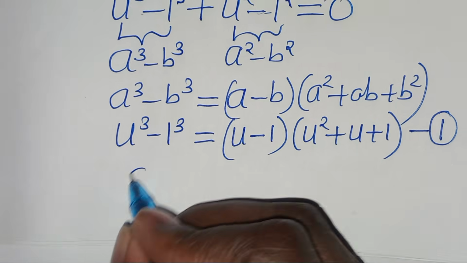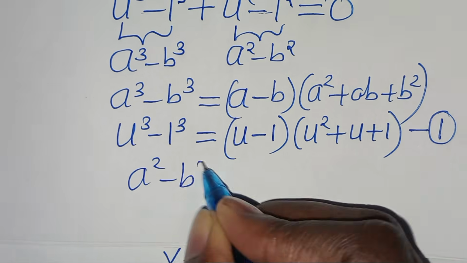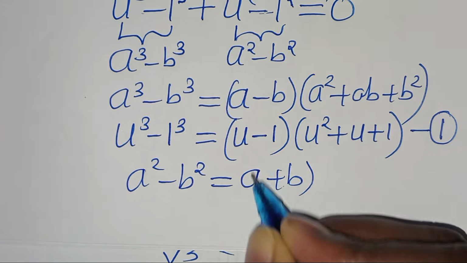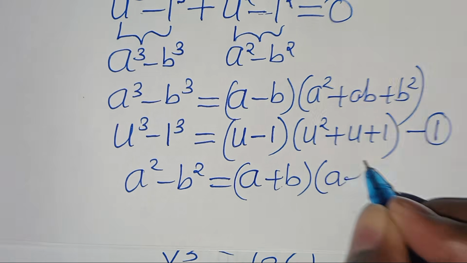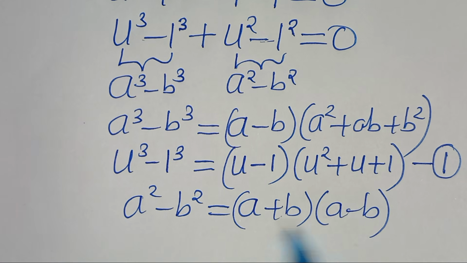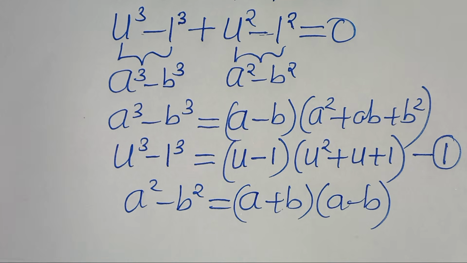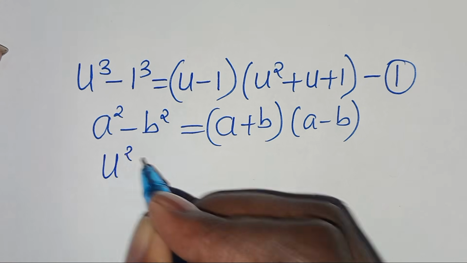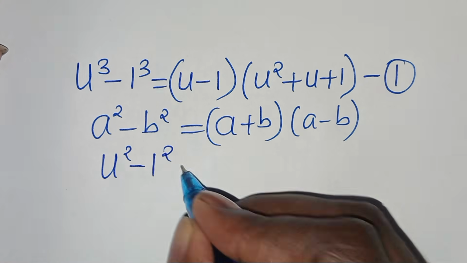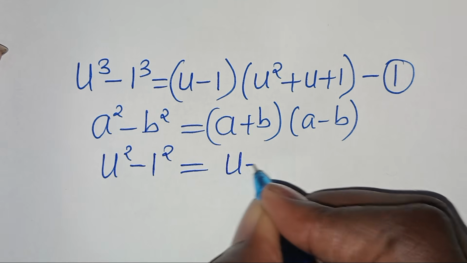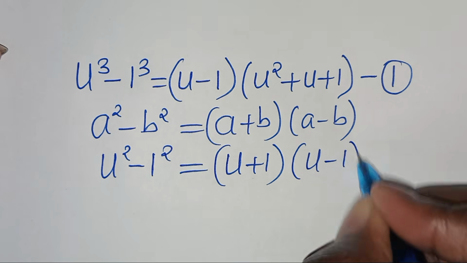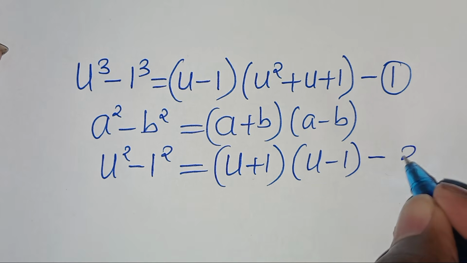Then we have a to the power of 2 subtract b to the power of 2. This can be expressed as a plus b multiplied by a subtract b. This is the difference of 2 perfect squares. Now the second part here is u to the power of 2 minus 1 to the power of 2, which we can express as u plus 1 multiplied by u subtract 1, and let's call this equation 2.